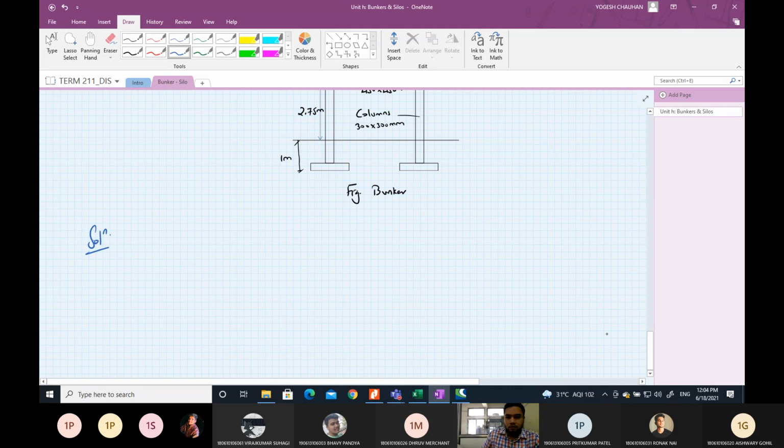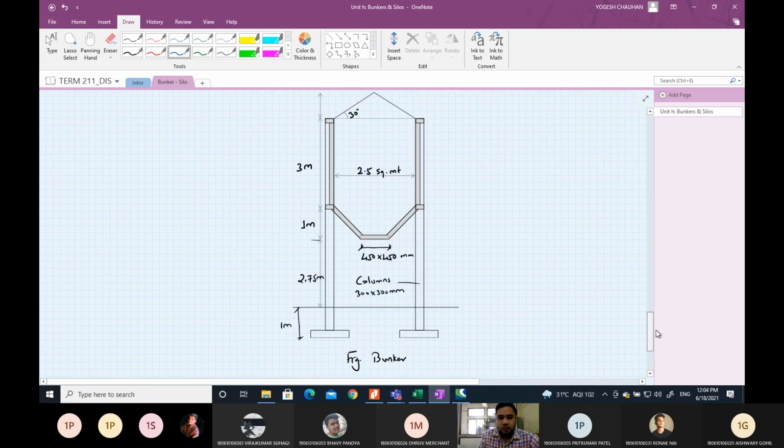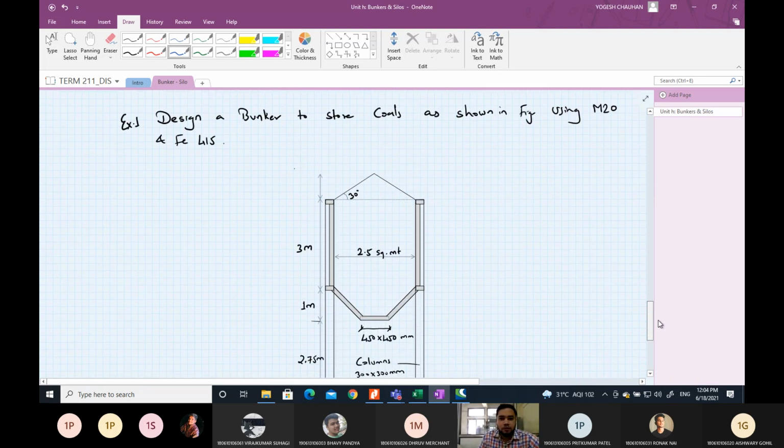Now here the arrangement is already given to you. Sometimes you may be given the capacity that you have to design the bunker for, let us say 30 meter cube capacity, 25 meter cube capacity, and based on this capacity you have to freeze these dimensions.